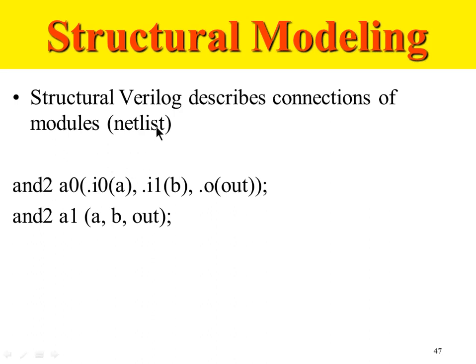In structural modeling, we create a structure in Verilog based on certain other modules. In this case, we are instantiating this and2 design two times. The label of the first instance is called A0, and the label of the second instance is called A1. So this is a structural modeling method.